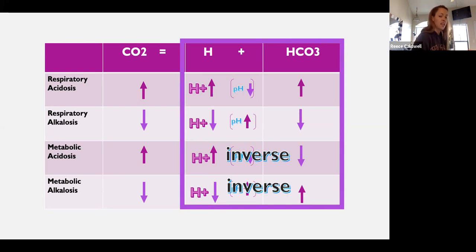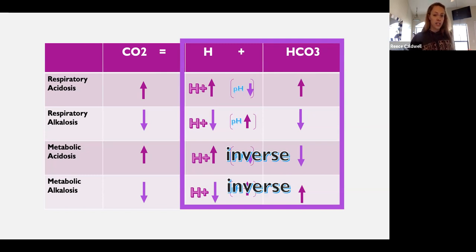We'll see once we get into the worksheet on the next slide that the carbon dioxide isn't always a great indicator, because it changes quickly. So whenever you go into something like metabolic acidosis, we'll see in a little bit that our body will compensate by increasing or decreasing breathing rate.